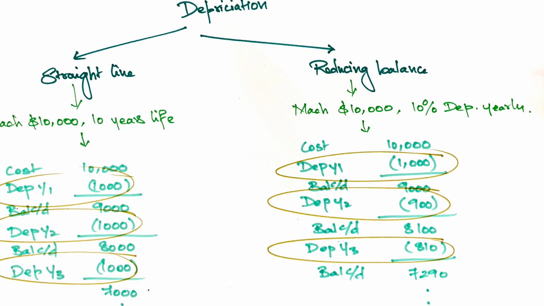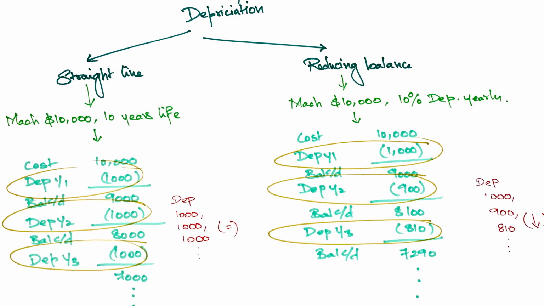Right, so the first year will be a higher sum, and then the sum will decrease in the second year, and then it'll decrease in the third year. So you're assuming that the asset's productivity is greatest in the first years or the initial stages, and then it gradually reduces. So that's the difference between the two methods, the concept behind it.